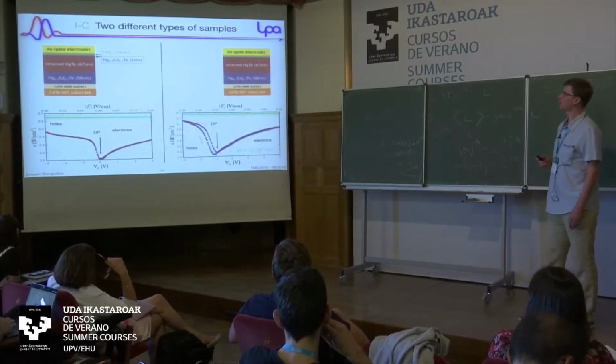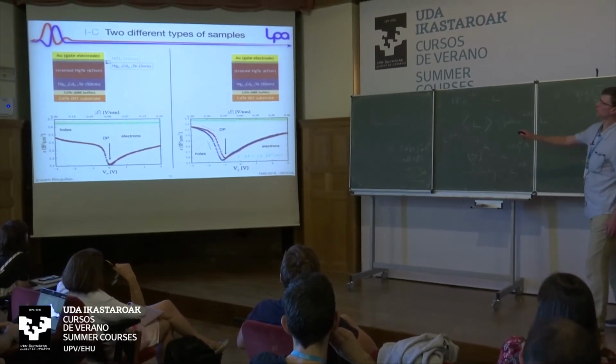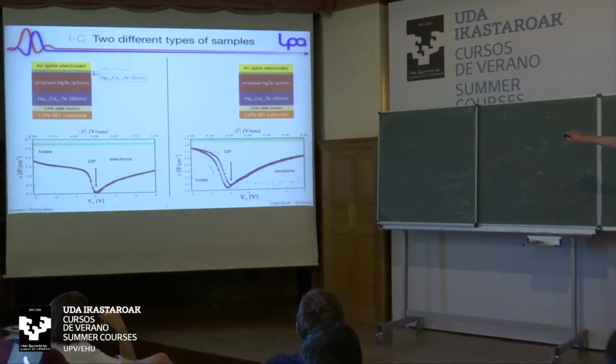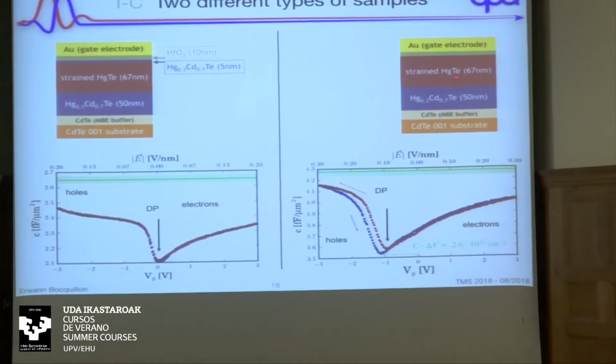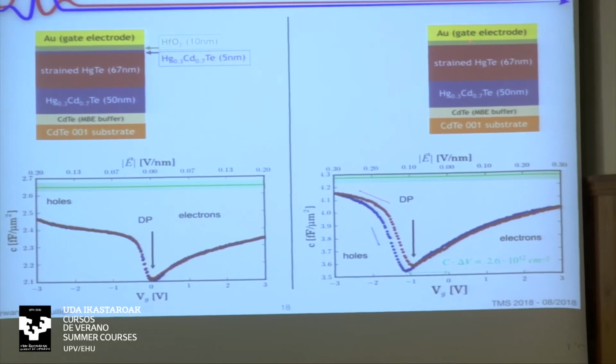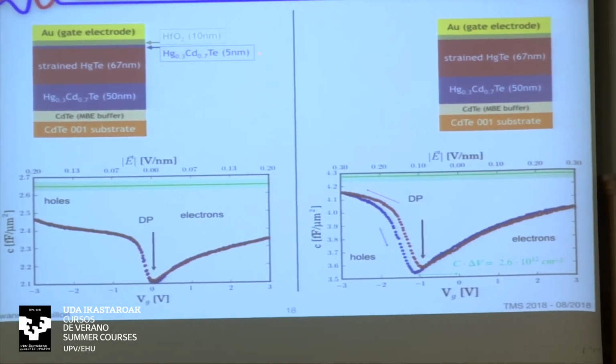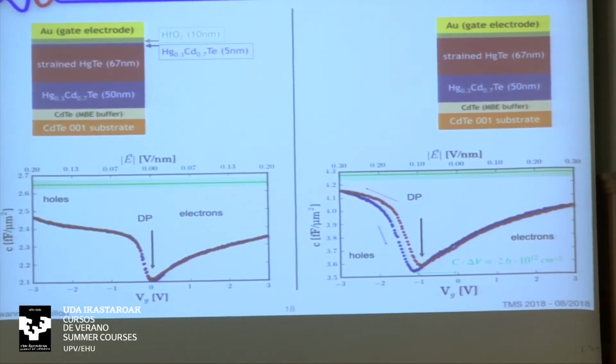Now, we have another type of sample which is slightly different. Here, the interface is mercury telluride to cadmium telluride, as previously. We also have other samples in which the mercury telluride is directly connected to some insulator, and there's no mercury cadmium telluride capping layer. And in that case, the interface is a bit different.